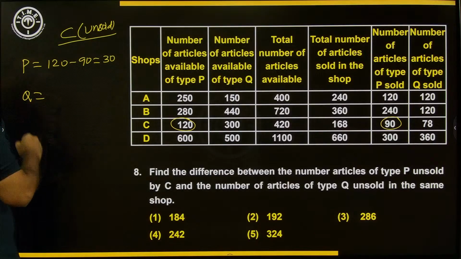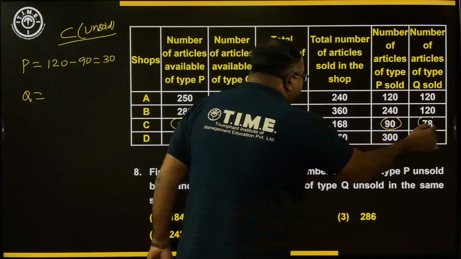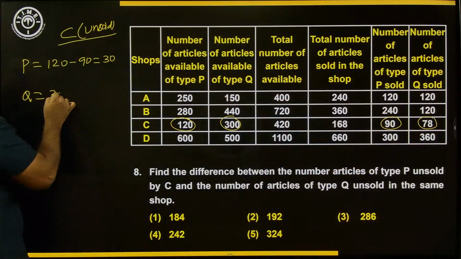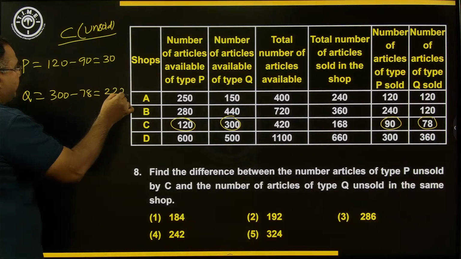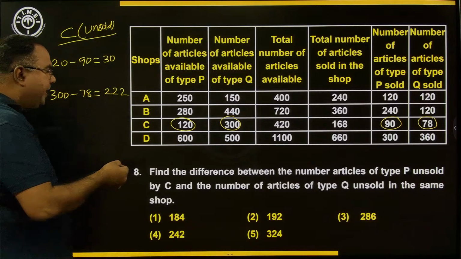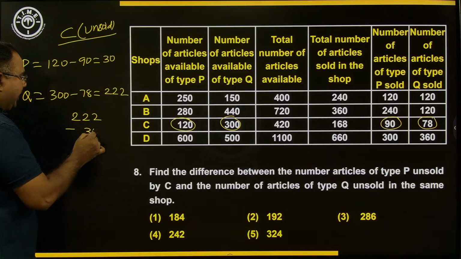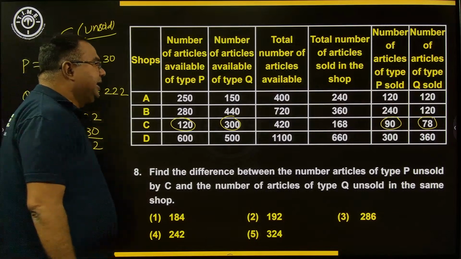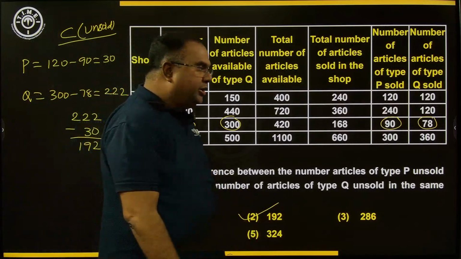Shop Q, 300 available, 78 sold. So 300 minus 78, it has to be 222. Just now we have seen this. He is asking you difference between these two. 222 minus 30 has to be 192. 192 is present in choice 2.